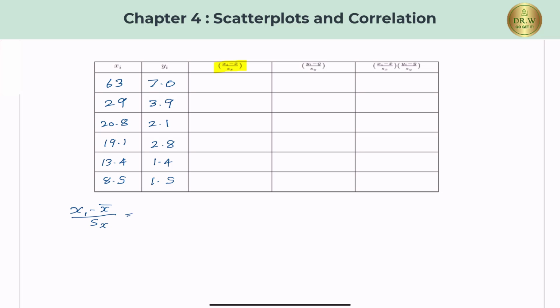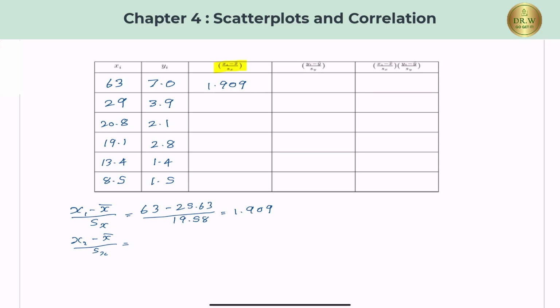What is x1 now? x1 is 63 and x bar is 25.63 and sx is 19.58. So this equals 1.909. I keep 3 decimal places. 1.909.